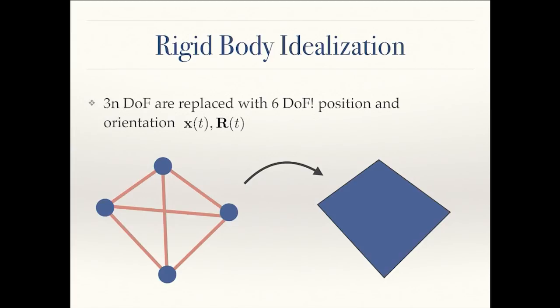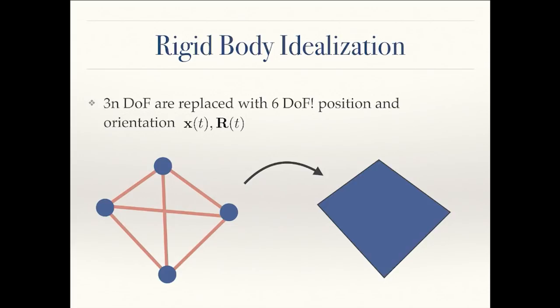So if we used n particles to model our rigid bodies, we would have 3n degrees of freedom. But it turns out that to describe a rigid body, you don't need that many. In fact, in 3 dimensions, you only need 6 degrees of freedom. And this is very widely used because it's so efficient. You take 3 times n and replace it with just 6.